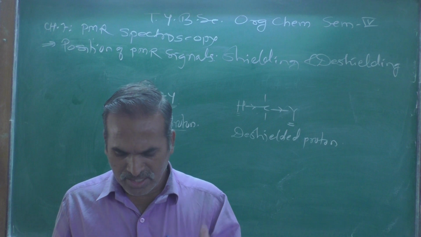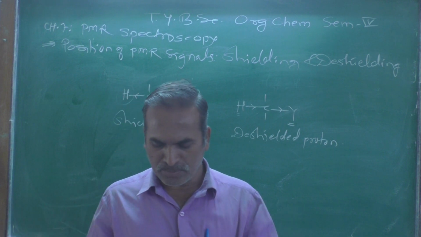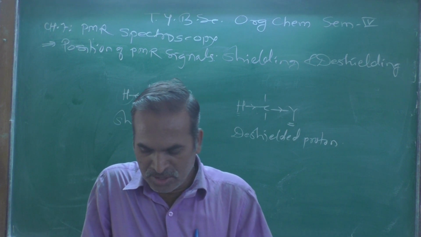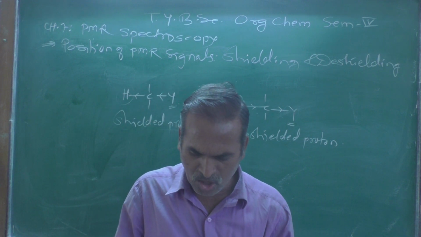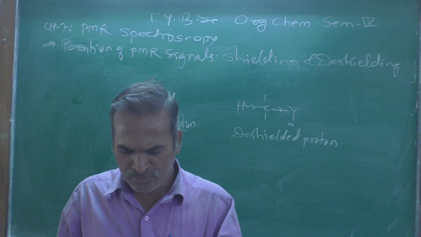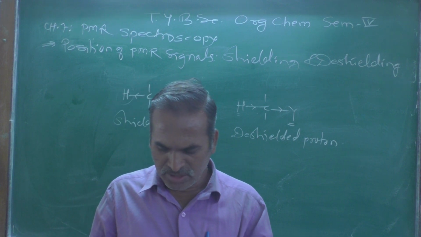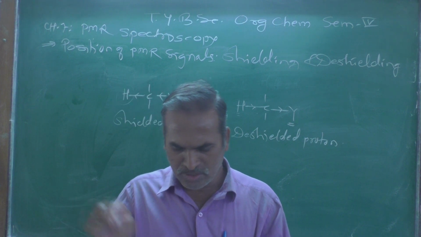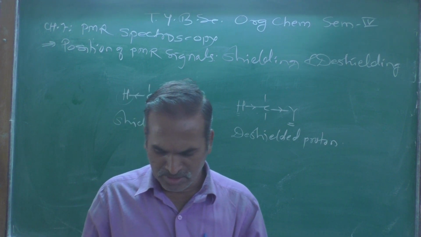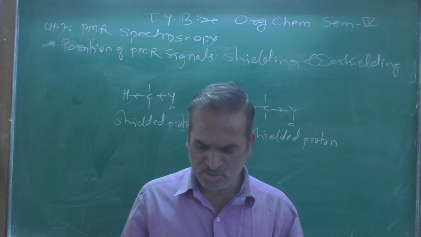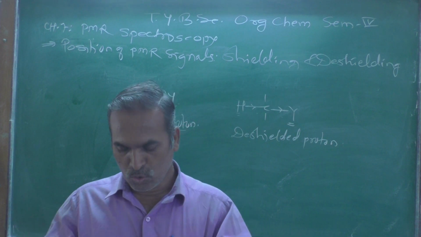Thus as electron density around the proton increases, shielding increases, and absorption occurs at high field, and as the electron density around the proton decreases, de-shielding increases and absorption occurs at low field.